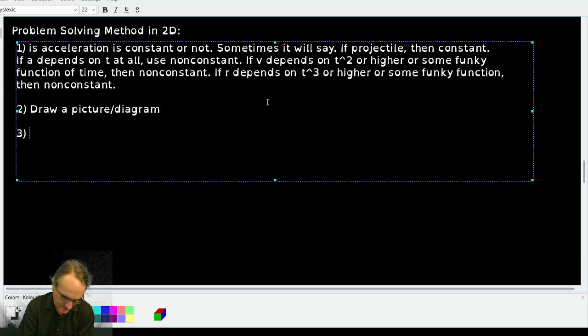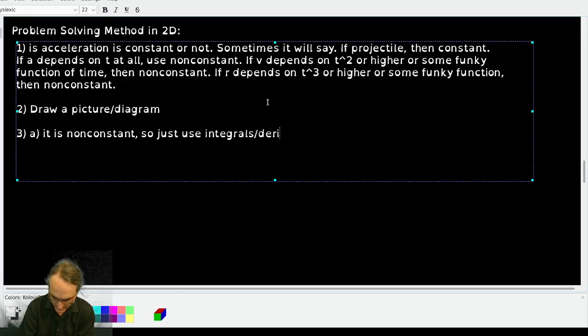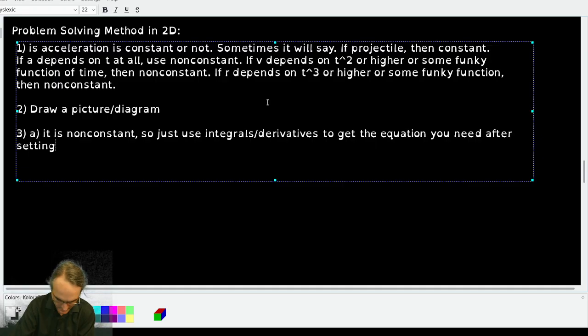Step 3. This kind of splits. You can either go A, it's non-constant, so you'll have to use integrals and derivatives to get the equation you need after setting up what you know.